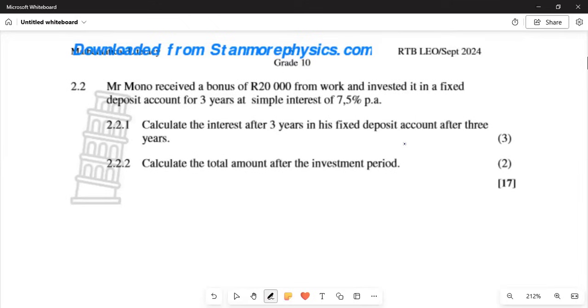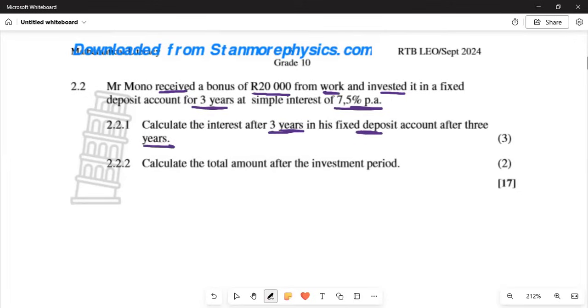Mr. Mono received a bonus of 20,000 from work, and then he invested it in a fixed deposit for 3 years at a simple interest of 7.5% per annum. Then they say calculate the interest after 3 years in his fixed deposit account.